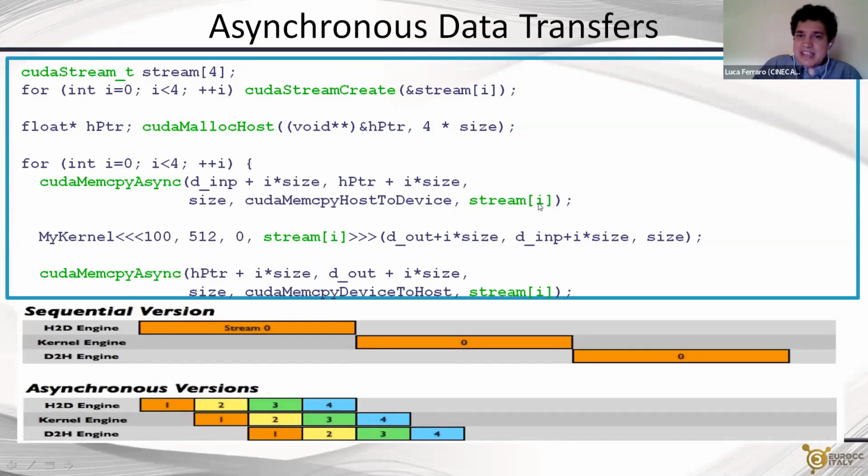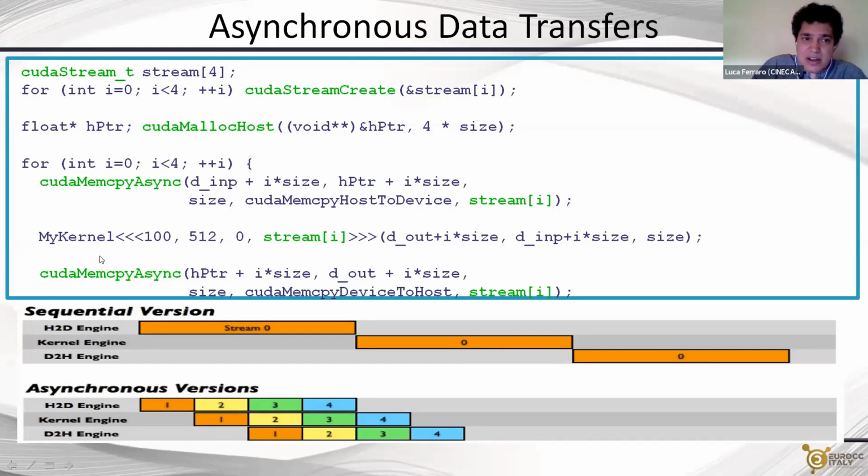As you can see, stream i will loop over the 4 streams declared in this code. So each stream will, in order, do these 3 operations: move data from host to device asynchronously, call the kernel on this chunk of data, move data back.